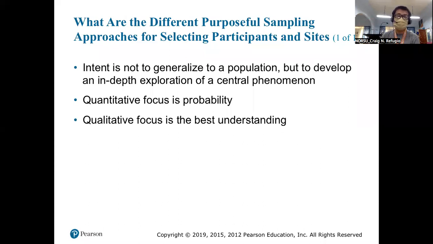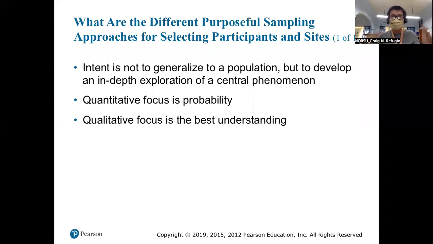Remember that the focus of qualitative research design is on an in-depth exploration of a central phenomenon. And we don't have the target of generalizing what we have taken from the sample to the population where the sample is actually taken. So it's only exploration.